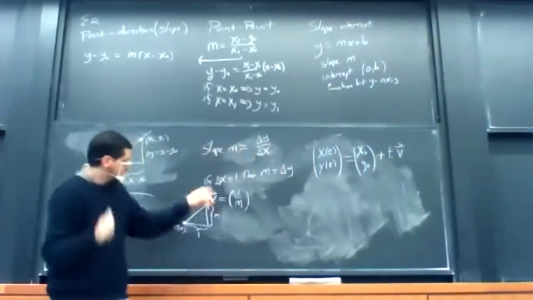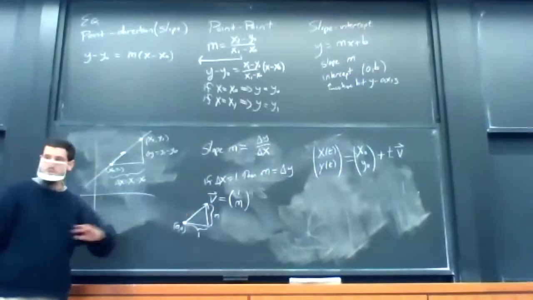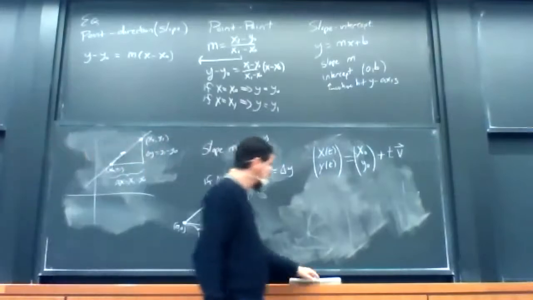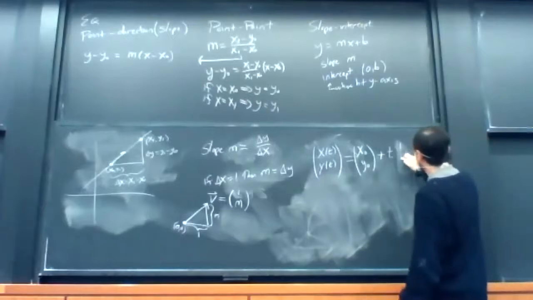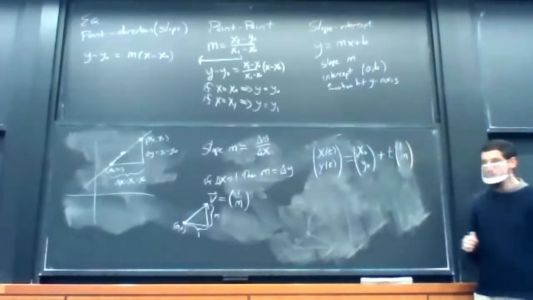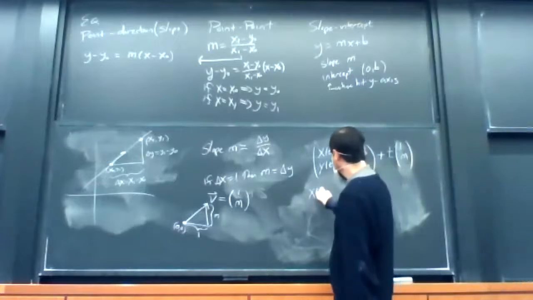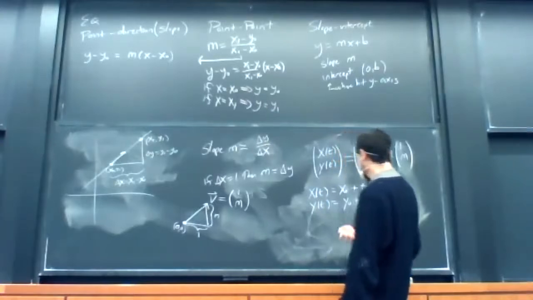So in the plane, our direction vector is 1, m. Let's just assume right now that we have these 1 and m. And let's unwind this. We get x of t is x naught plus t. y of t is y naught plus m t.